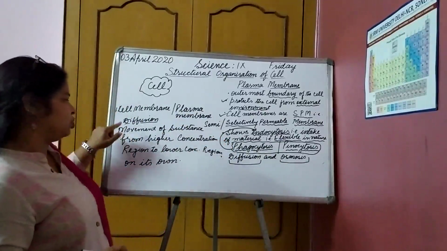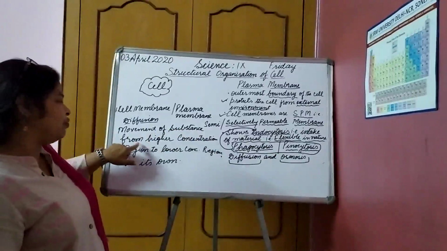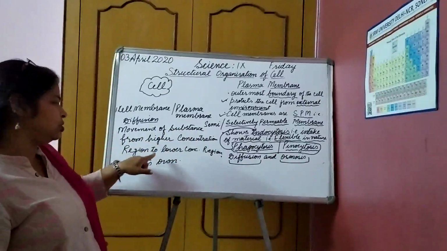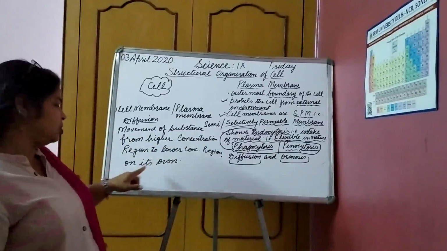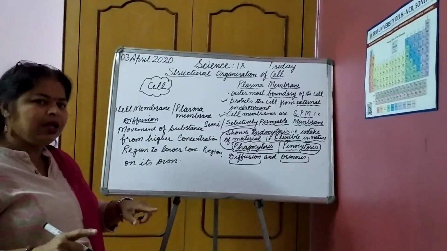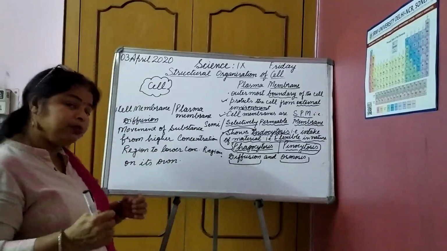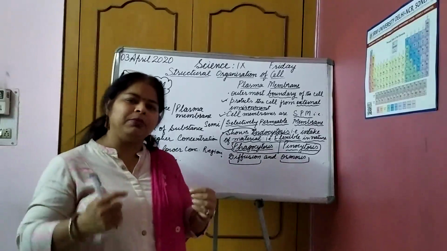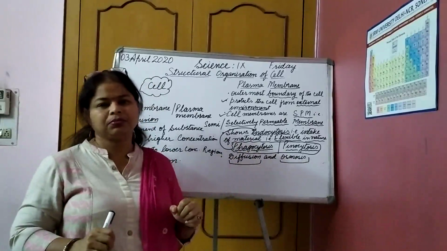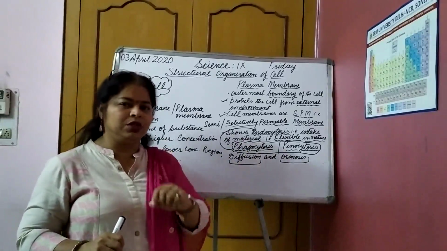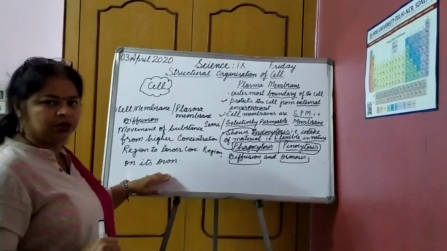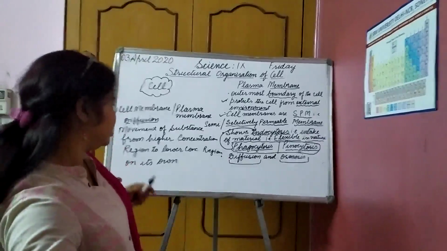Movement of substance from higher concentration region to lower concentration region on its own until it comes to the state of equilibrium. Equilibrium means that everywhere it is the same. This is called diffusion. Now what is osmosis?